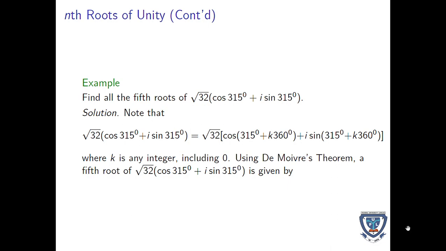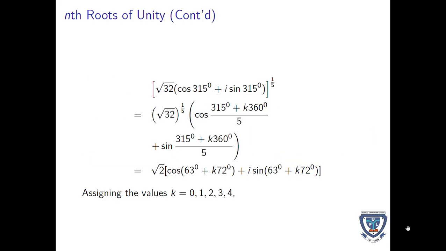Now using De Moivre's theorem, the fifth root of that is given as what we have on the screen, raised to power 1 over 5. So the fifth root of square root of 32, in bracket cosine (315 degrees plus k 360 degrees) divided by 5, and sine (315 degrees plus k 360 degrees) divided by 5.